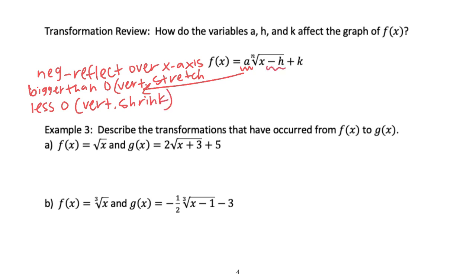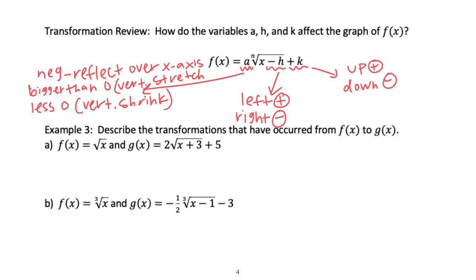The number right here tells you either left or right. So if that number is positive, it is left. If it's negative, it's right. And then the number on the very end is up when it's positive, down when it's negative. So let's state our transformations that are happening on each of these equations below.